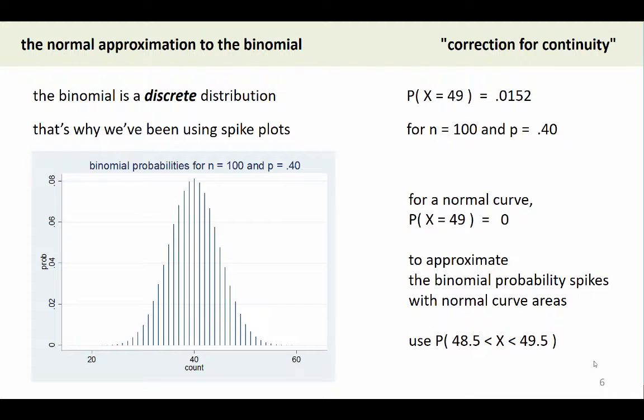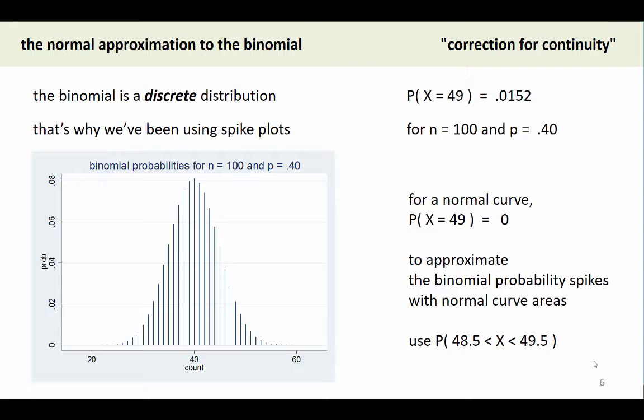But for a normal curve, like any continuous distribution, we're forced to say that the probability that x is equal to 49 exactly has to be 0, because normal curve areas don't exist if there's not an interval. So to approximate binomial probability spikes with normal curve areas, we'll say things like this.